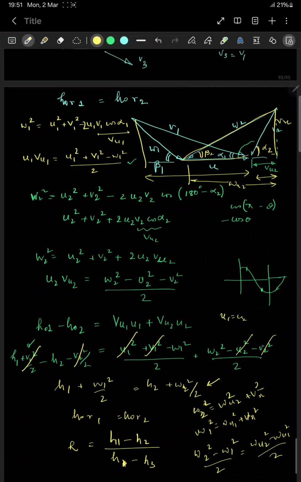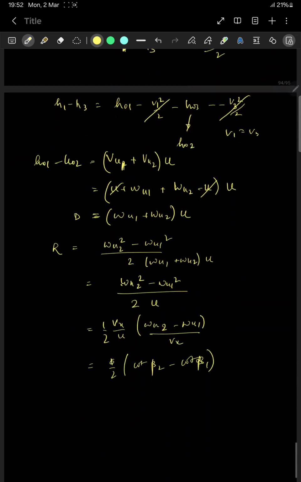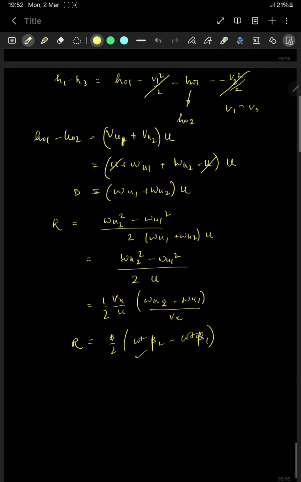We can see that beta 2 is less than beta 1, so cot beta 1 is less than cot beta 2, so cot beta 2 comes first. R is positive. That's why we can do some modifications.